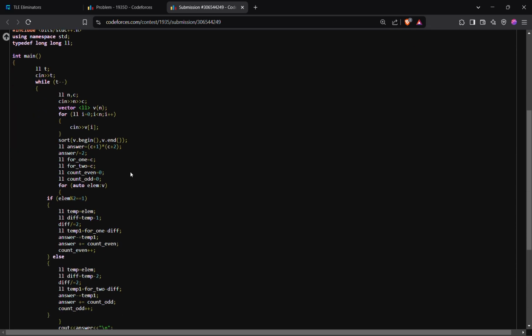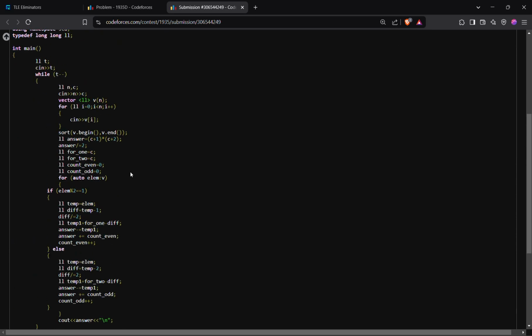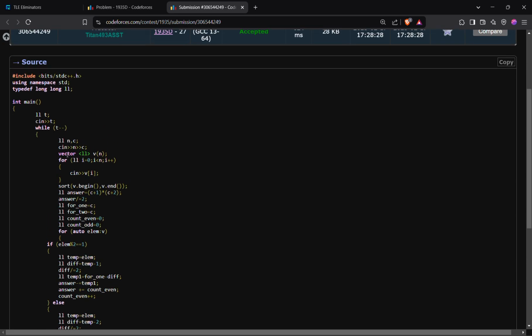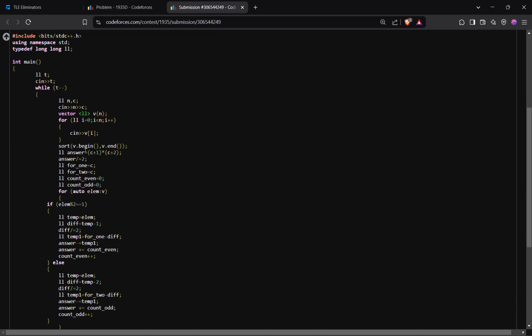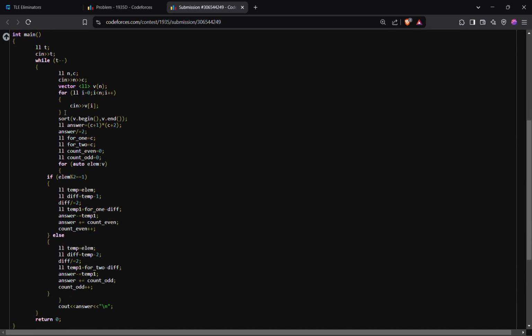So okay, why did it format it like this? I have no idea. I coded it on the online CPP compiler and copy pasted here. But anyways, so you will take the input till here, then you will sort. Basically it was not needed, but I did it.